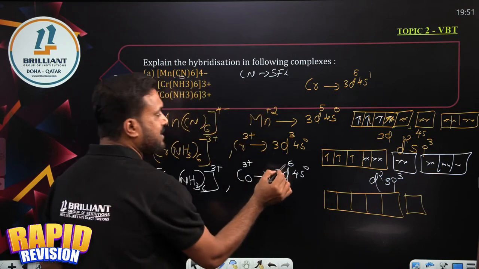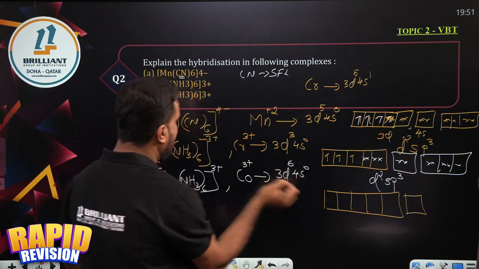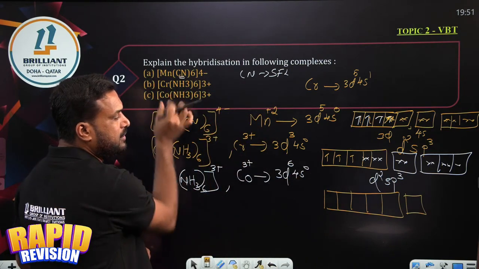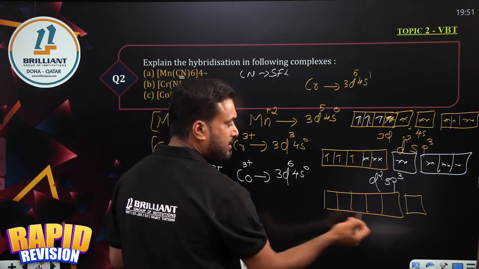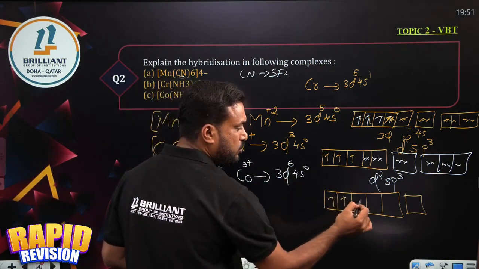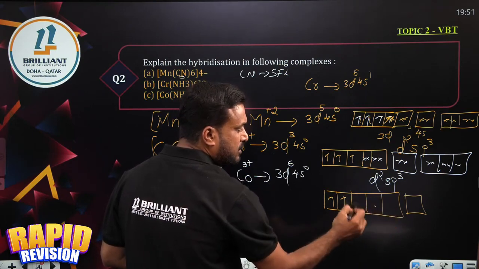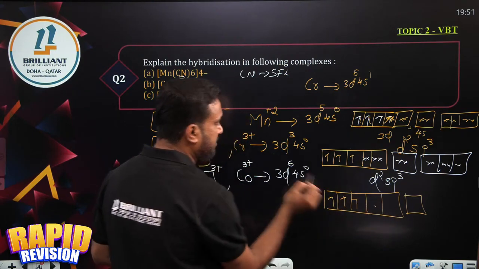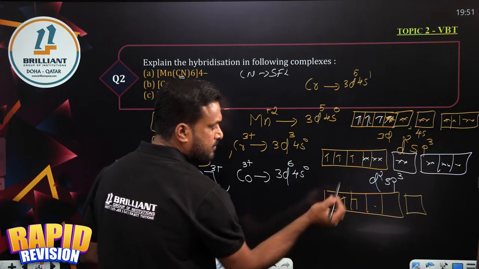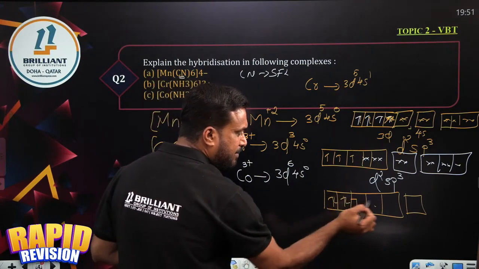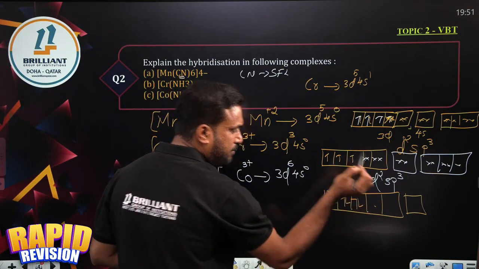You know that when 6 electrons are there with NH3, it's a cobalt. So here pairing up of electrons definitely will take place. Normally it will be 1, 2, 3, 4, 5, and 6 are there. So this electron I will take and pair up over here, and this electron I will take and pair up over here.